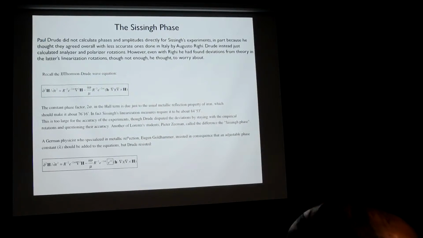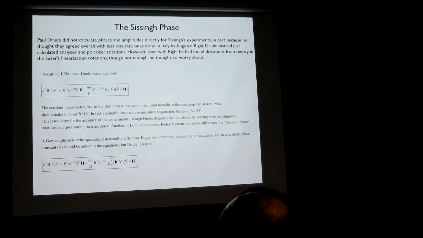At the same time, another German physicist, who was actually the world's leading expert in metallic reflection, by the name of Eugen Goldhammer, insisted that if you really want to take account of what's going on, you should add an additional phase factor over here. Now, let me again emphasize, this H term here is supposed to be entirely real. It's a field.